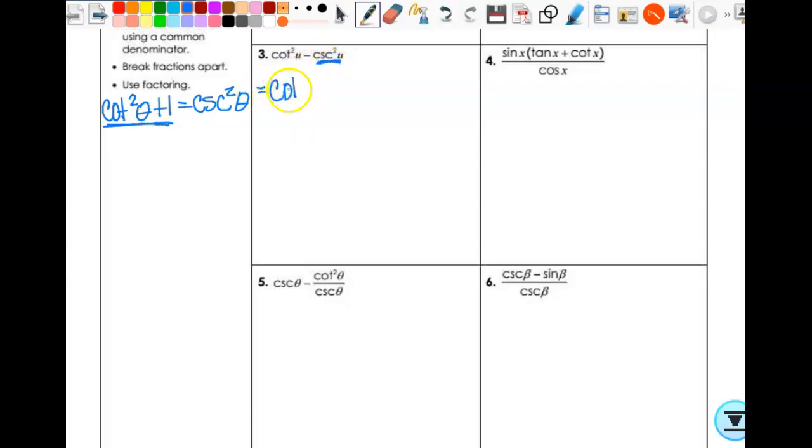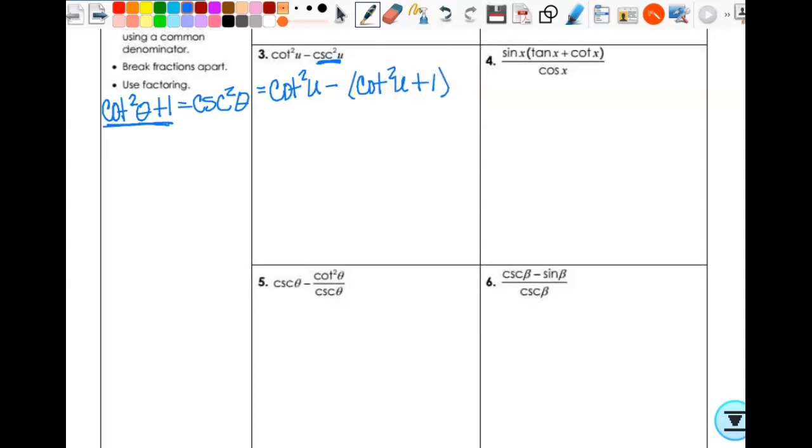So I'm going to have cotangent squared u minus, all right, if I'm going to substitute something in with more than one term, what do I have to do? Parentheses, okay? Or you go to math jail, right? It's right here. If you substitute more than one term and don't use parentheses, you're going to math jail. So in place of cosecant squared, I am putting parentheses cotangent squared u plus 1.